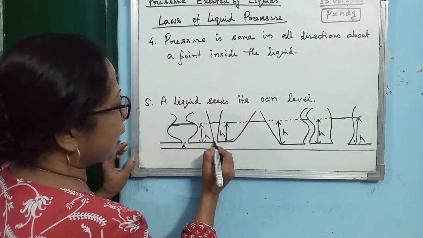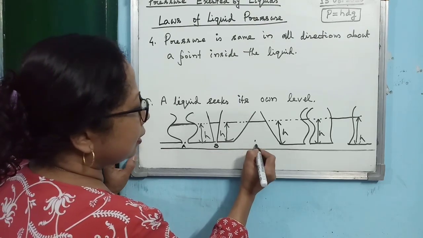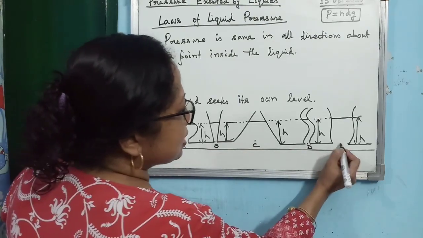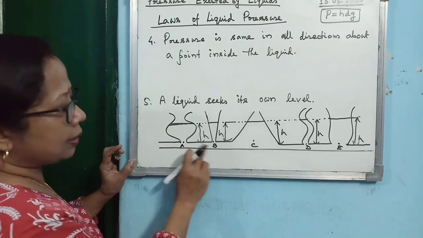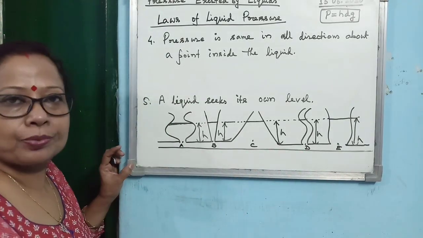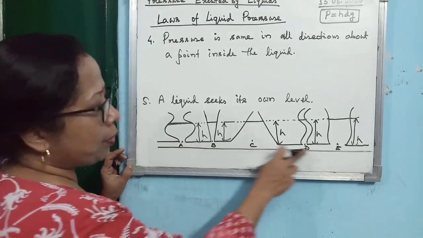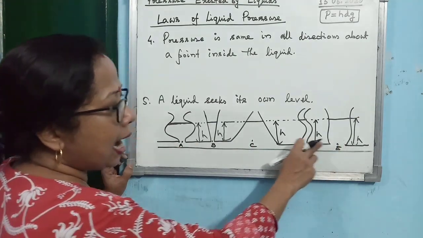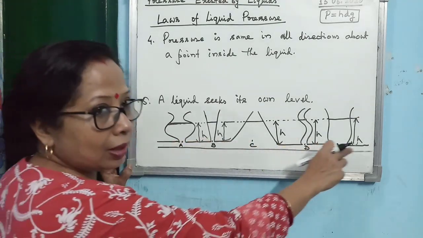Suppose I have taken the points A, B, C, D, E at the base of all the containers. Now look at this, all the points A, B, C, D, E are on the same horizontal level.